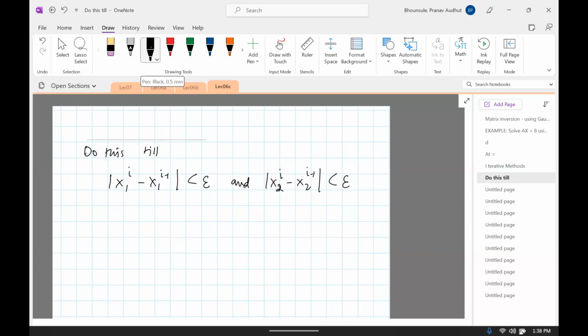This is what it's saying, is that you look at the difference between the value of x1 between two successive iterations, and if it's less than a tolerance, some small value, for example 10^-3, then you just terminate. And you also want to do that for x2. So both of them have to basically not change much.